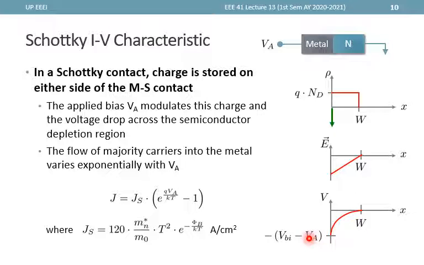The flow of majority carriers into the metal varies exponentially with VA, and it is given by this equation, where the reverse current density is given by this equation, where this is the Richardson constant and depends on temperature and the barrier height.